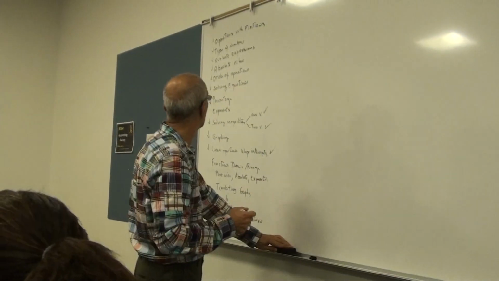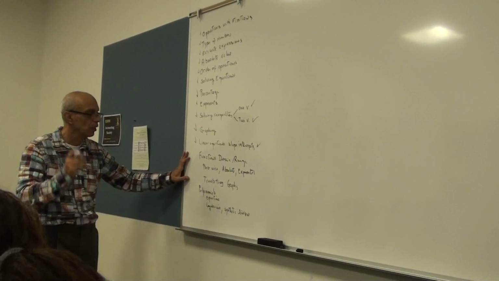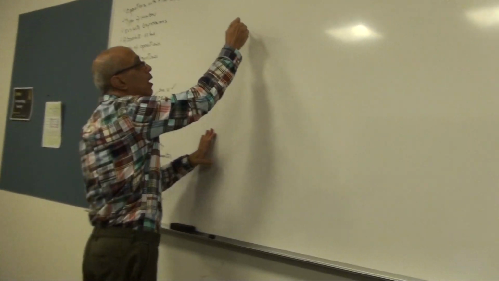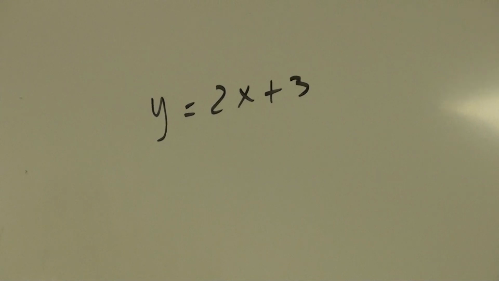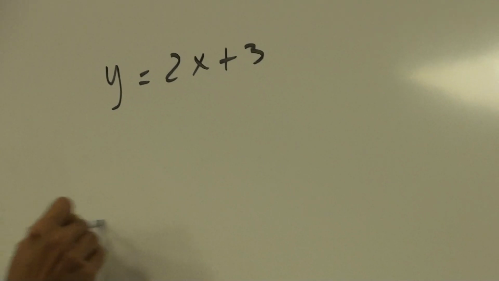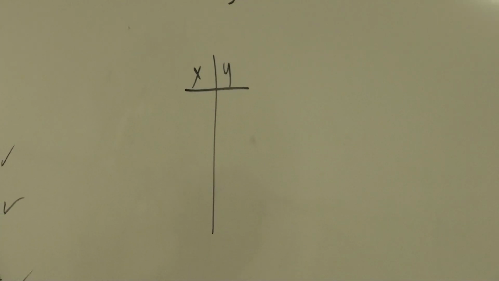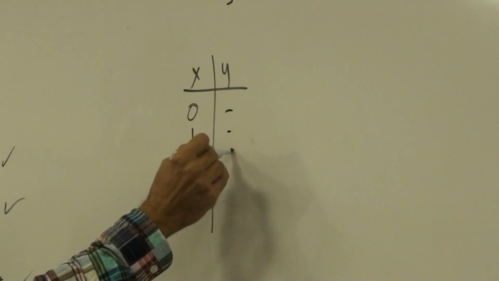All right, so exponents is done. So now let's talk about function. Remember, when we graphed 2x plus 3, one way to graph that is to build a table of x and y, all right? Different values of x and different values of y.